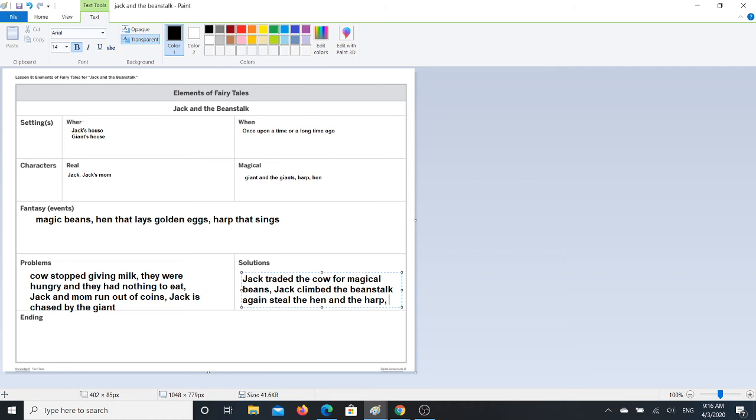This is how they solve the problem of running out of coins. So then Jack is chased by the giant. We have that right here. Jack is chased by the giant. And how do they solve that problem? Jack cut down the beanstalk, right? That was the solution to the problem.